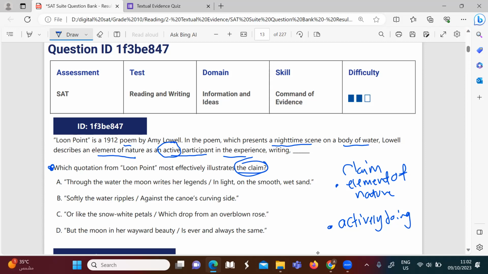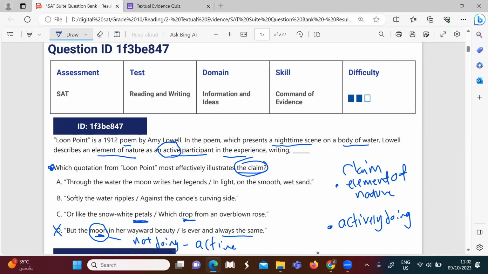But the moon is always the same. Yes, this is an element of nature, but is this element of nature actively doing something? Not actively doing something. I will eliminate D. Or like the petals, which drop from a rose.